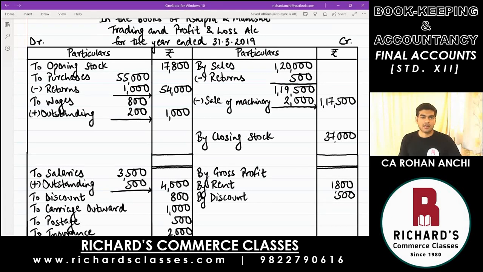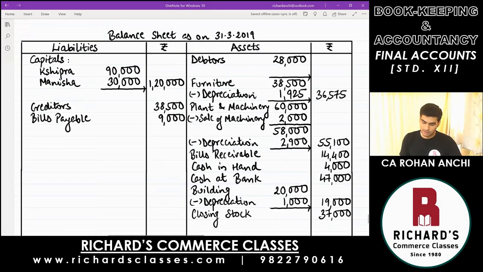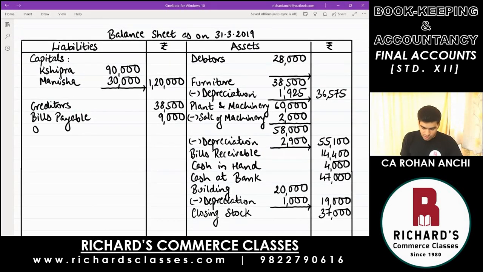One effect is done. Outstanding means it was not paid. So expense was recorded less. You have added and now recorded the expense correctly. Second effect, that expense is not yet paid. Money has not gone out. It will go out in the future, which means it is a liability. Any amount payable in the future is a liability. Write down outstanding expenses. One below the other, first in the inner column, write down wages, 200.